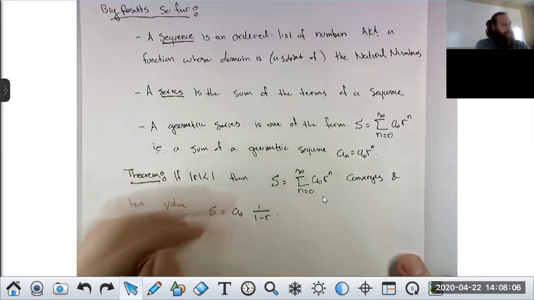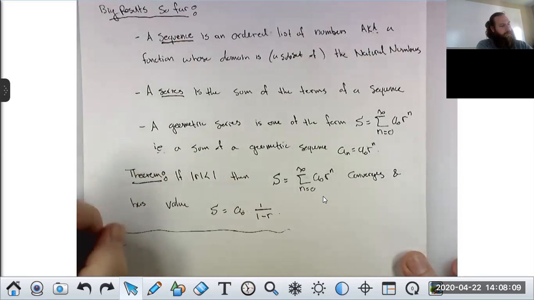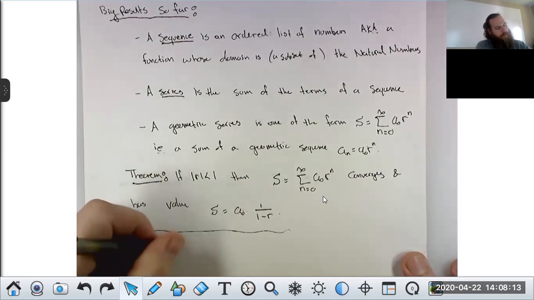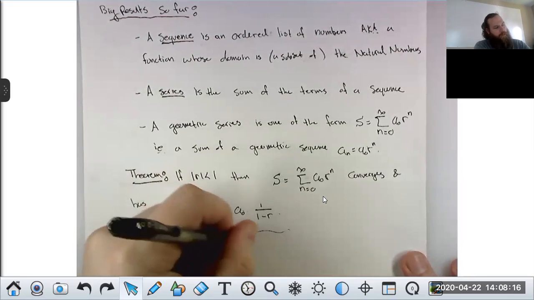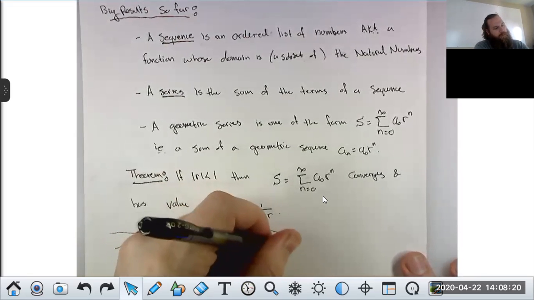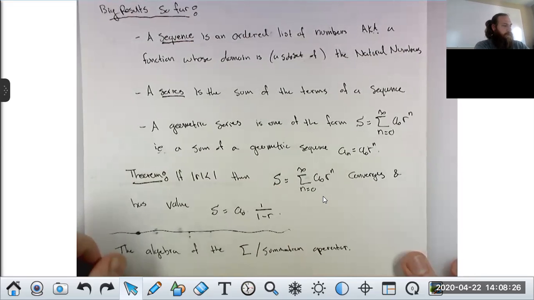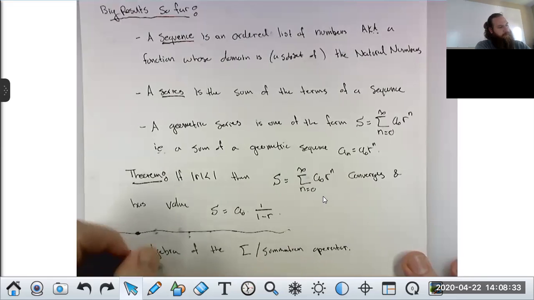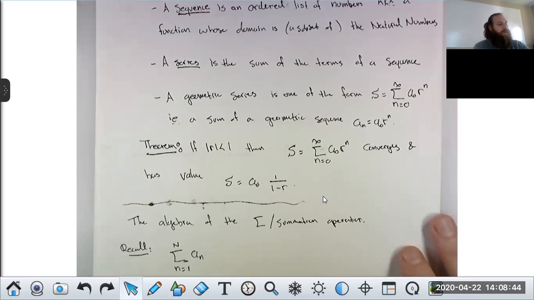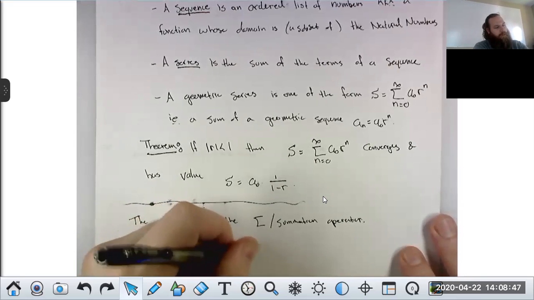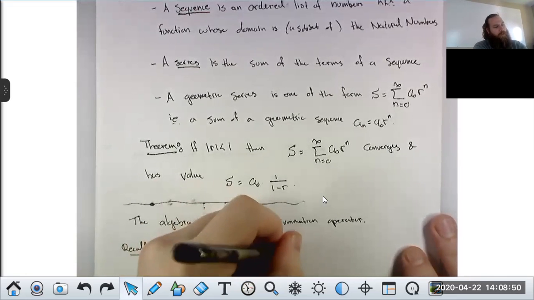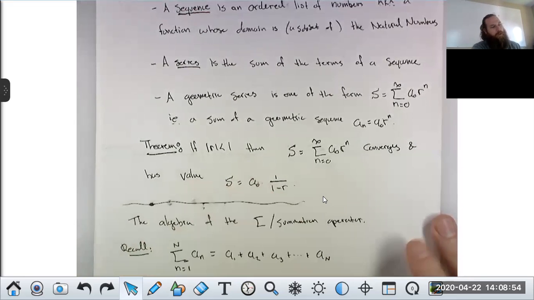So, algebra of sigma slash summation. Could say, recall that the sum from n equals wherever 1 to capital N of any little function of n, a_n, is going to look like a_1 plus a_2 plus a_3 out to a_N.